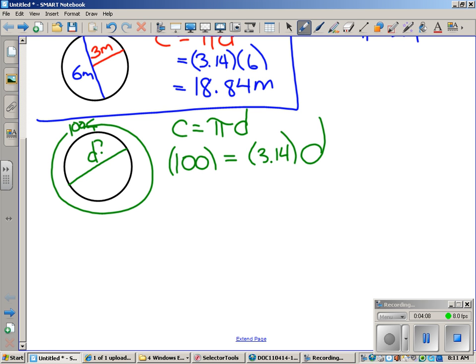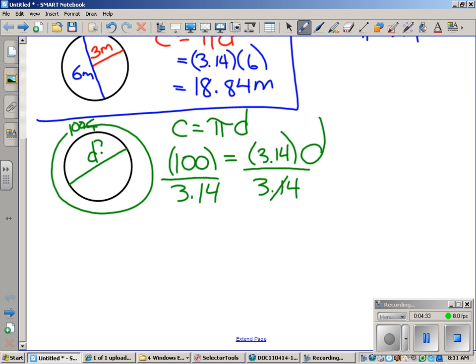We have to say, I want to isolate for d. I want to leave d by itself. The diameter is what I'm trying to find. And how are we going to get that 3.14 away from that side? Remember, you have to look what is happening between the 3.14 and the d. We know it's multiplication, so in order to get rid of it, we have to divide it away from both sides.